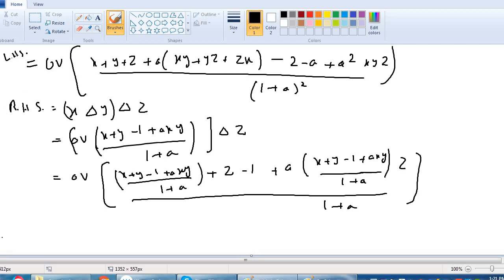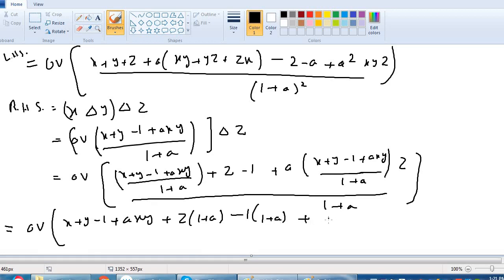This right hand side is equal to 0 union, we will get x plus y minus 1 plus axy plus z multiplied by 1 plus a, z into 1 plus a minus 1 into 1 plus a, plus a into x plus y minus 1 plus axy, and here also z is here.